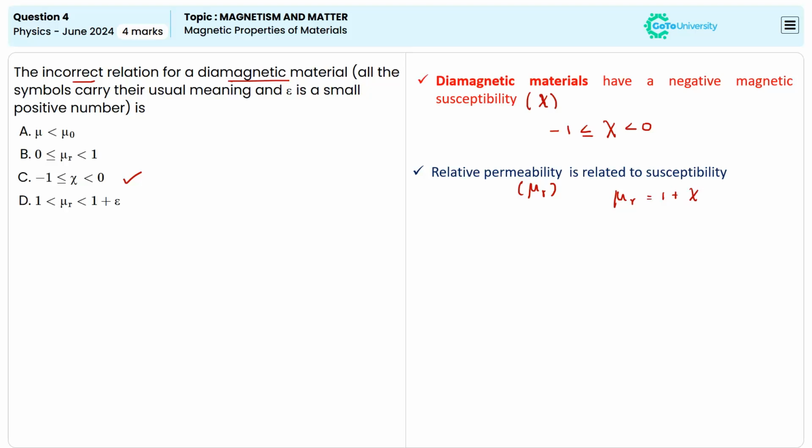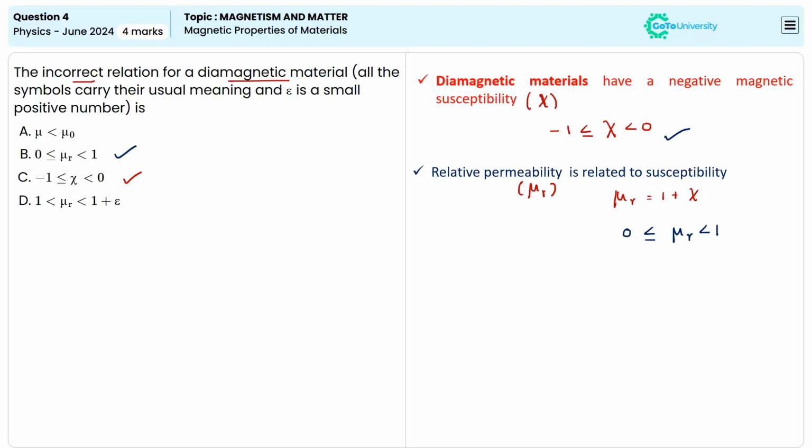For -1 less than or equal to chi less than 0, we can write the permeability as 0 less than or equal to mu r less than 1. So we can say option B is correctly representing the property of a diamagnetic material. So option B is also correct here.